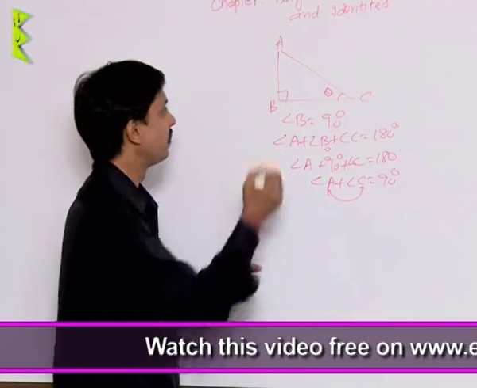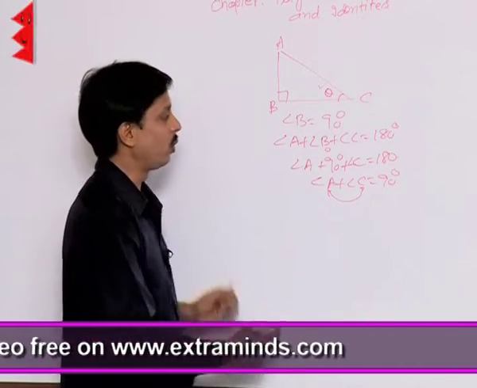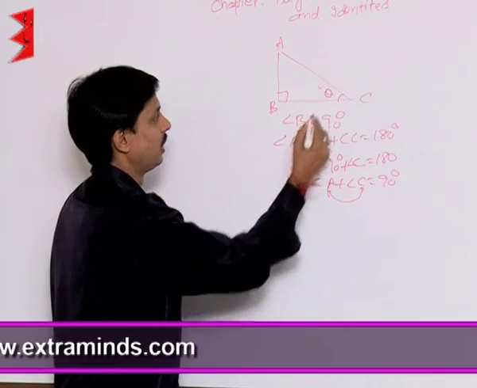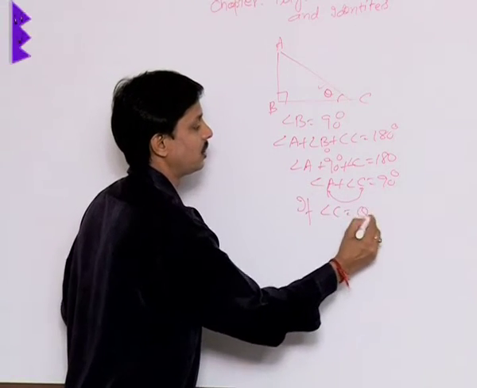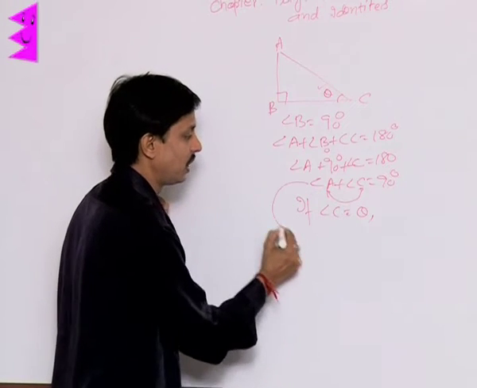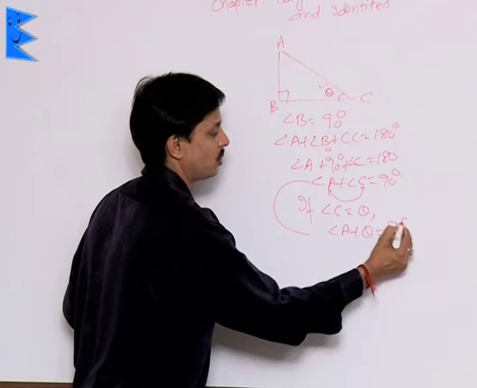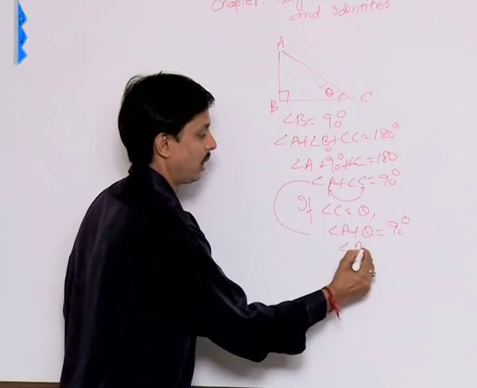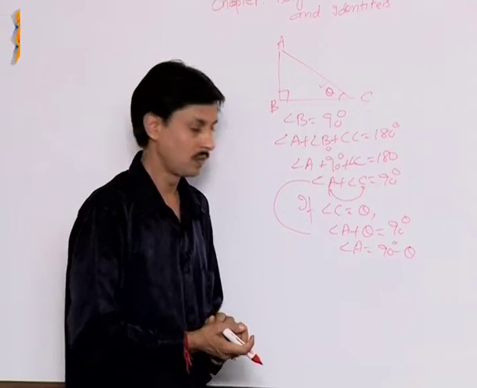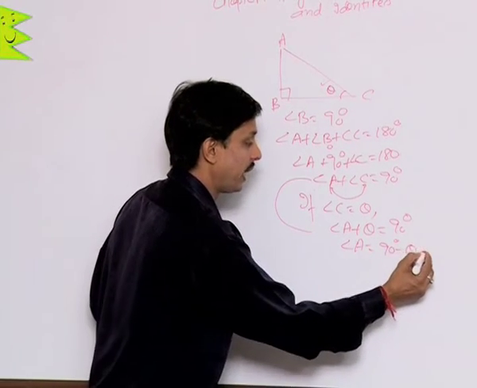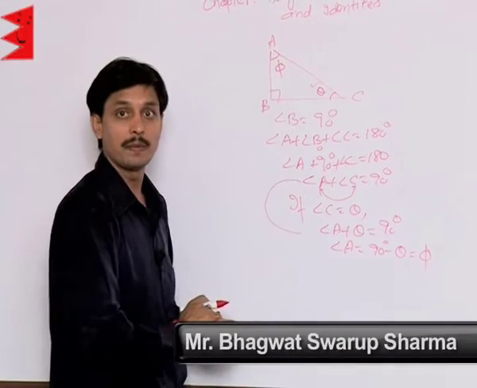So clearly, if I accept this angle C as theta, then from the relation, angle A plus theta is equal to 90°. So angle A is equal to 90° minus theta. If I take this value as phi, I can mention it here as phi.